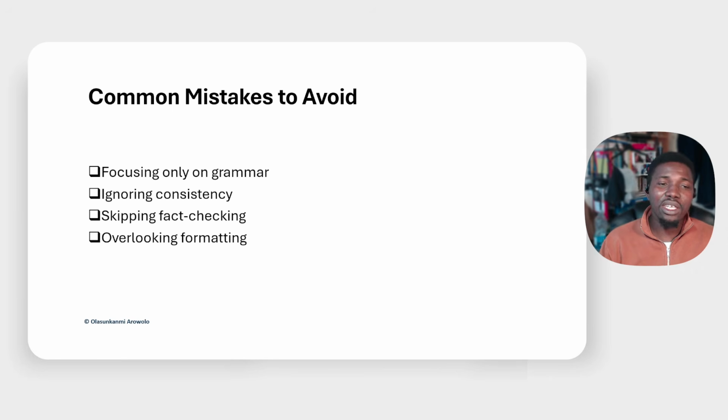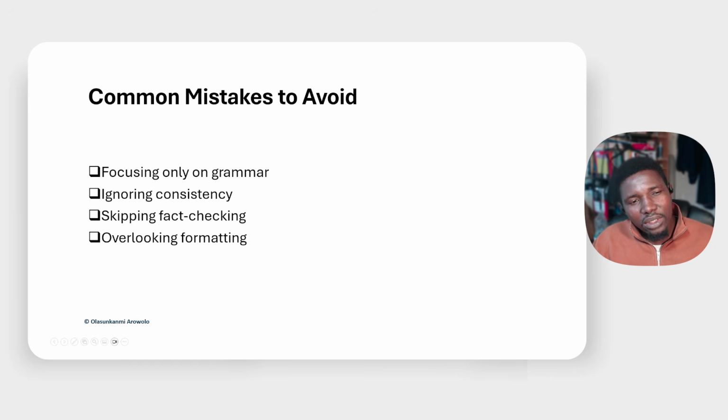Skipping fact checking can get you into a lot of legal trouble. You need to be sure that your content is fact checked, and that you are not making allusions that can easily be deduced and connected to somebody. Does that make sense? So these are some of the things you need to know and focus on.